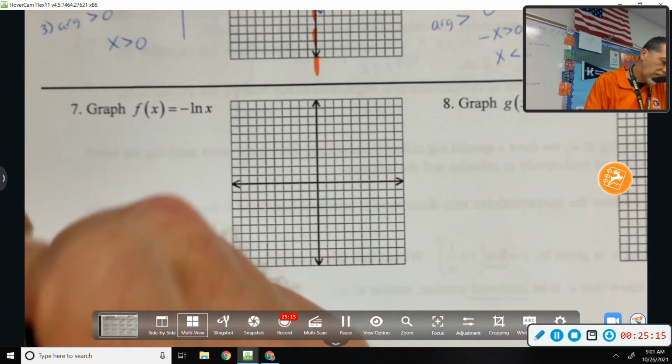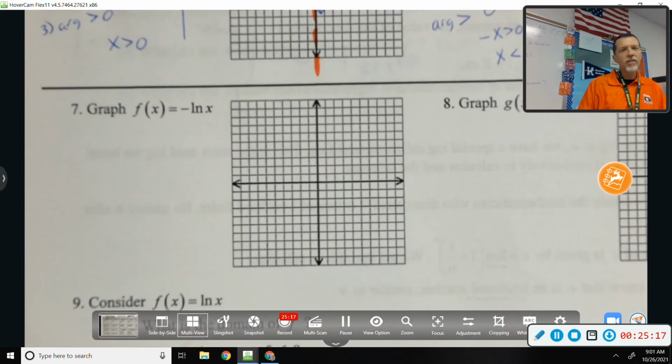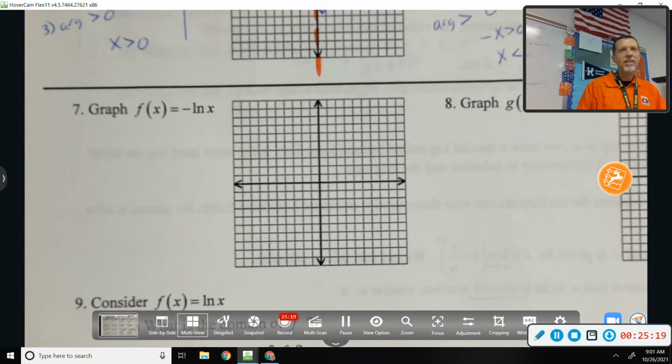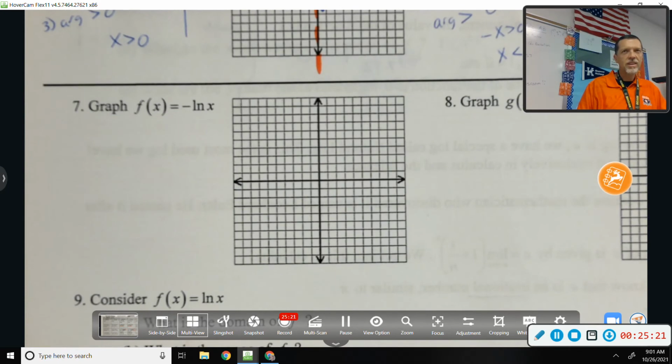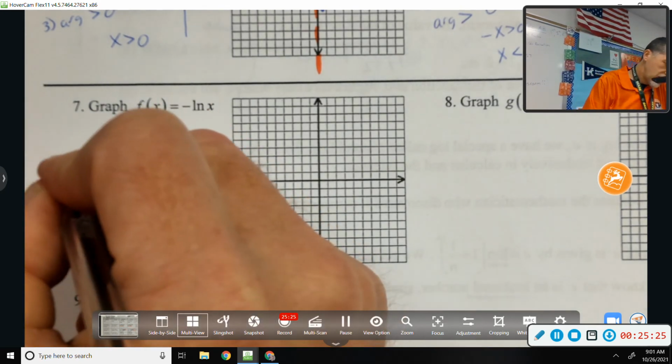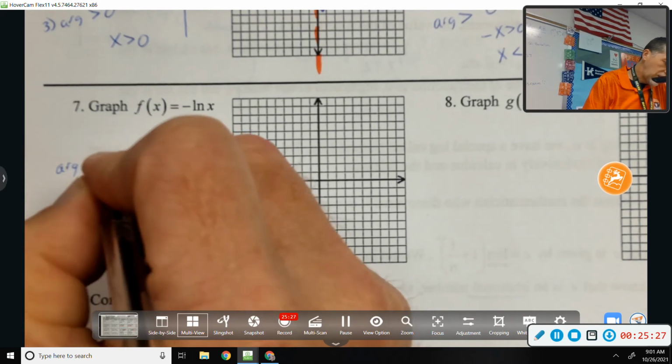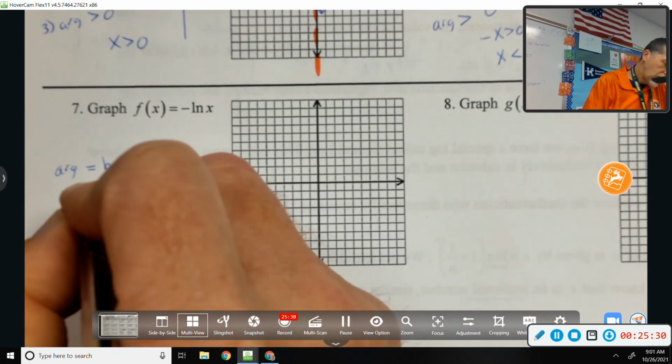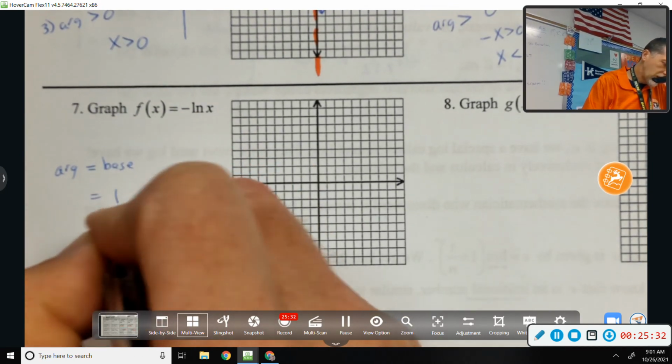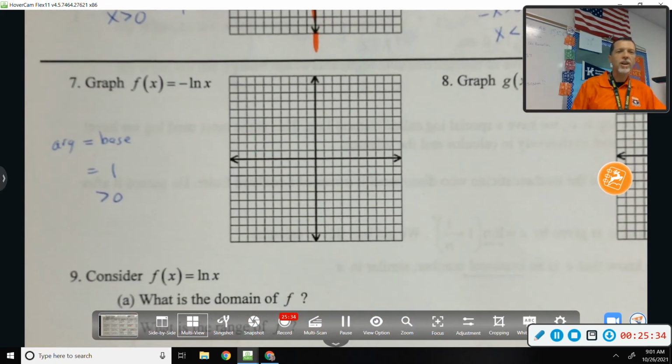Number 7. What's the negative out front going to do? I'm asking out of order here, but flip it up and down. Argument equals base equals 1, greater than 0. How's that for shorthand?